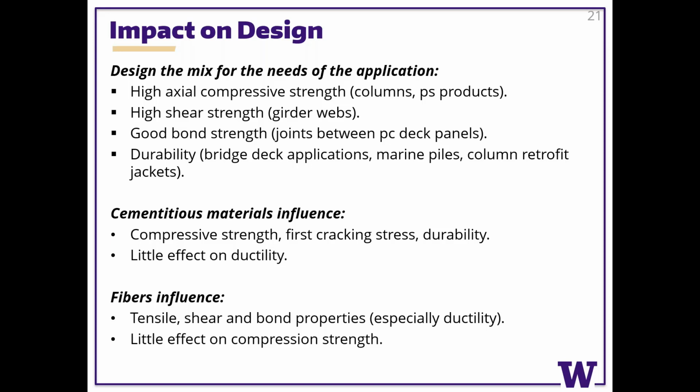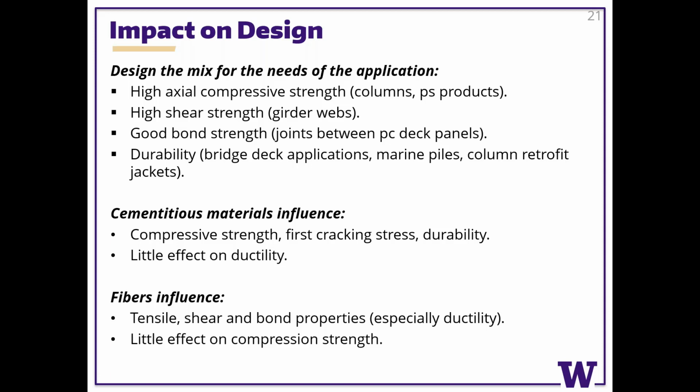So when you're thinking about the mix, there are a couple of general rules, one of which says that these cementitious materials mostly influence the compressive strength and the first cracking stress, not necessarily the peak tension stress, but the first cracking stress, and the durability. The cementitious materials do not have a whole lot of effect on the ductility. The fibers do almost the opposite.